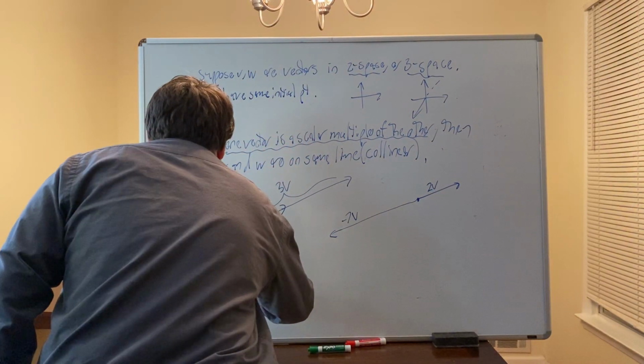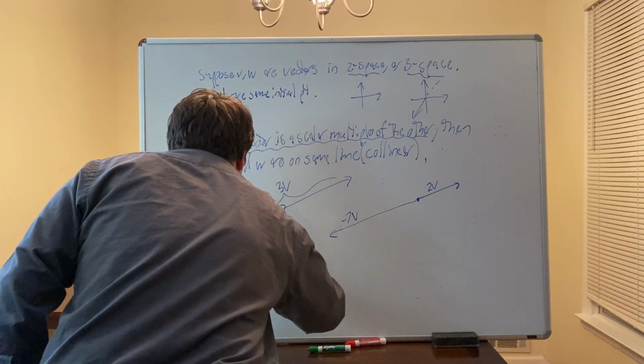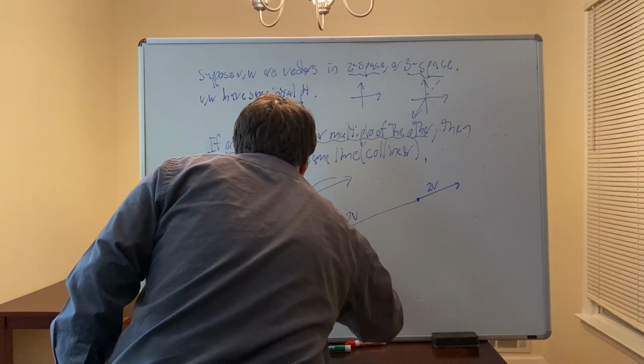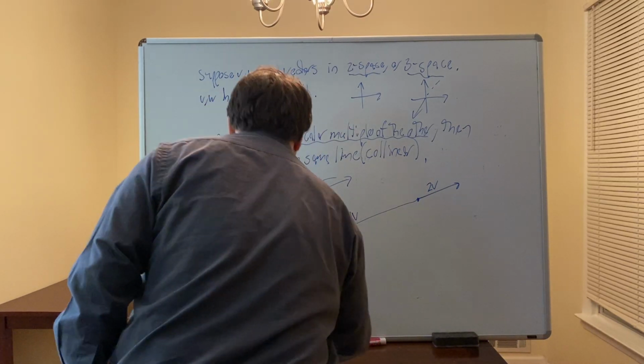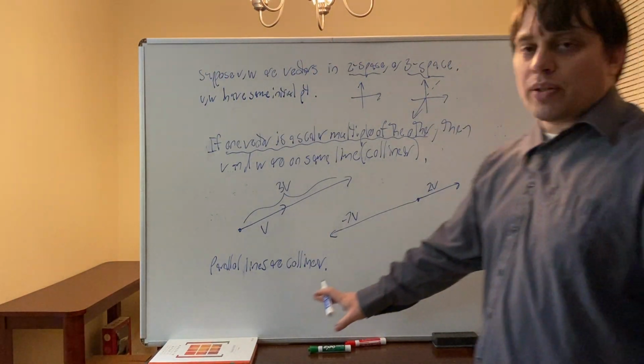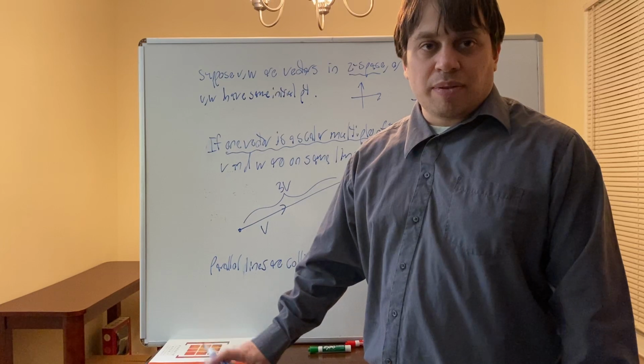Okay, so parallel vectors are collinear. Which sounds weird, right? Because you don't normally think of parallel lines as lying in the same line.